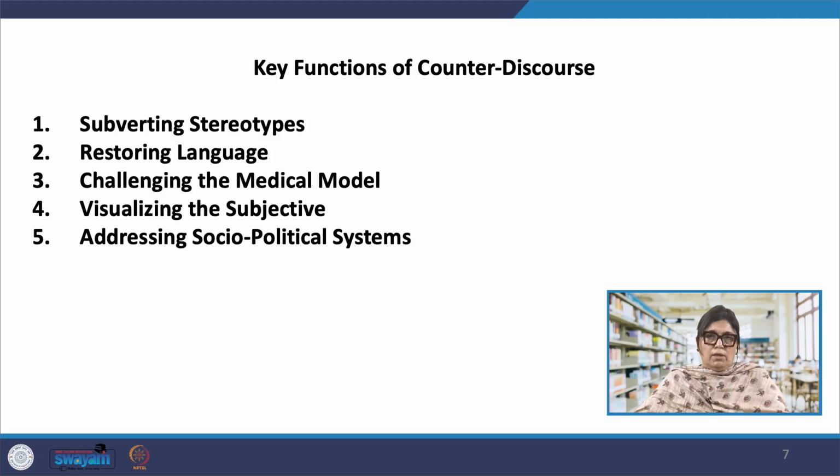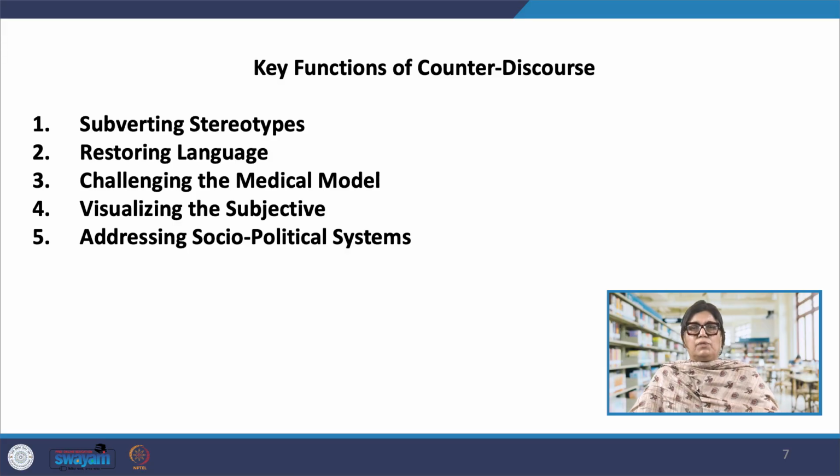Challenging the medical model. In fields like autism studies, comics help healthcare professionals question traditional medical models by highlighting the neurodiversity and personal identities of autistic individuals. Visualizing the subjective.